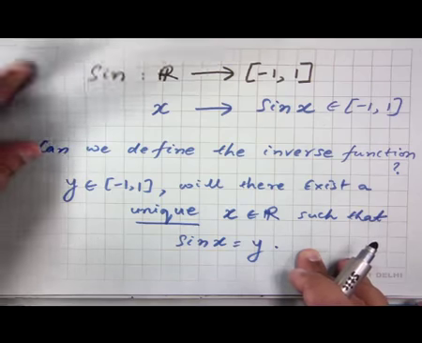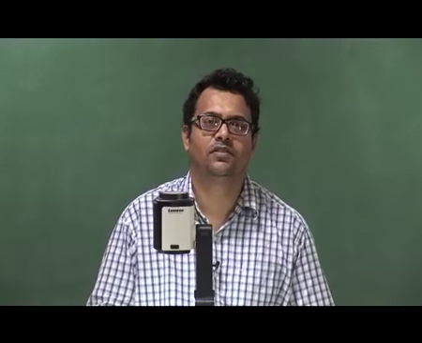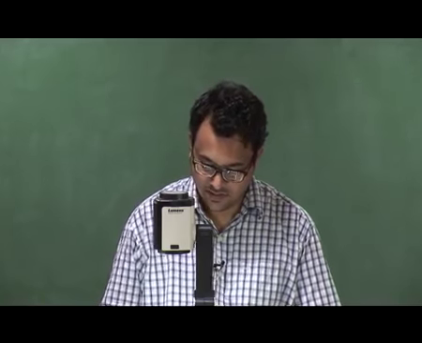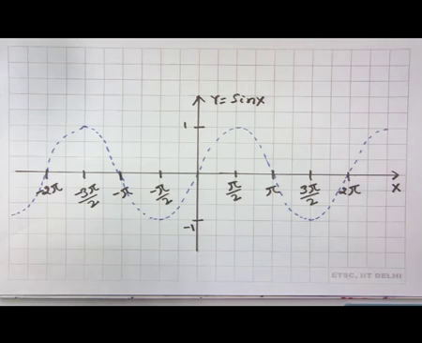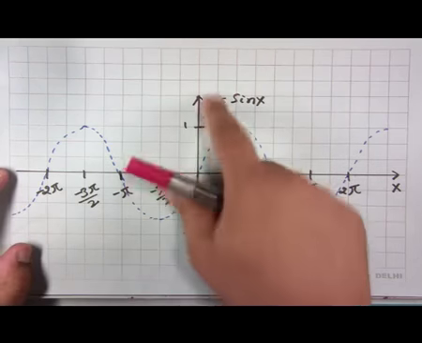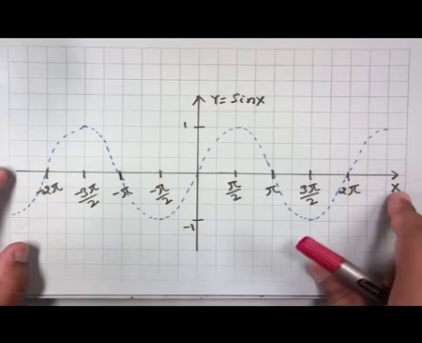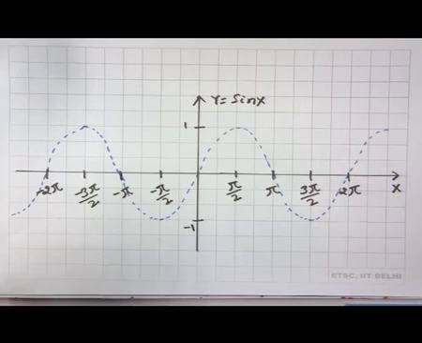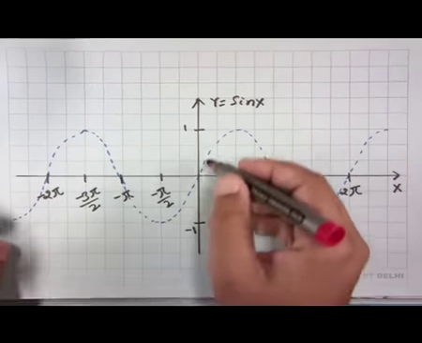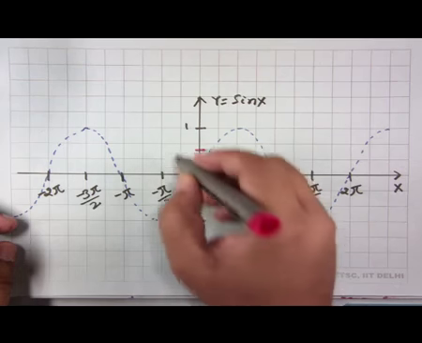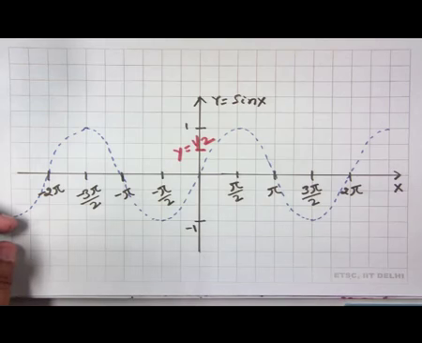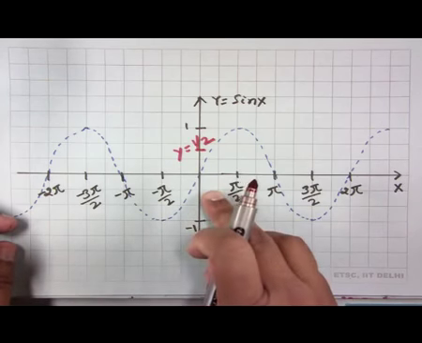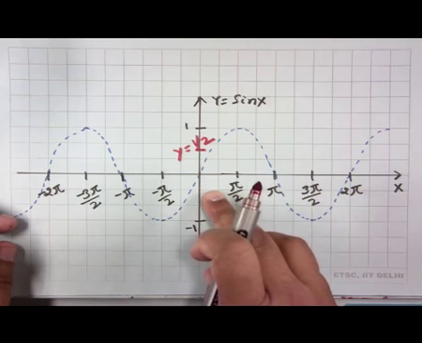Because sin x, as we know, is a periodic function, this is not true. Here on this slide I have plotted the graph of sin x on the vertical axis, x is on the horizontal axis, and let us say that we have y equal to half, and we are trying to find all those x such that sin x is equal to half.